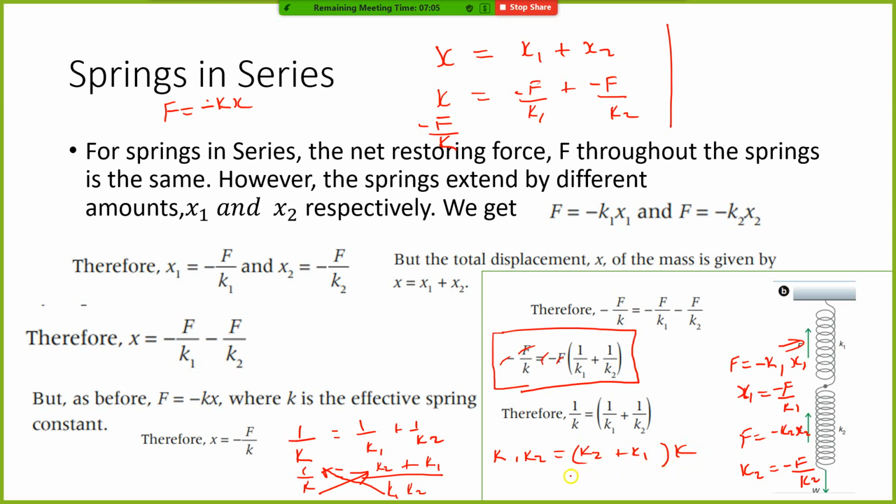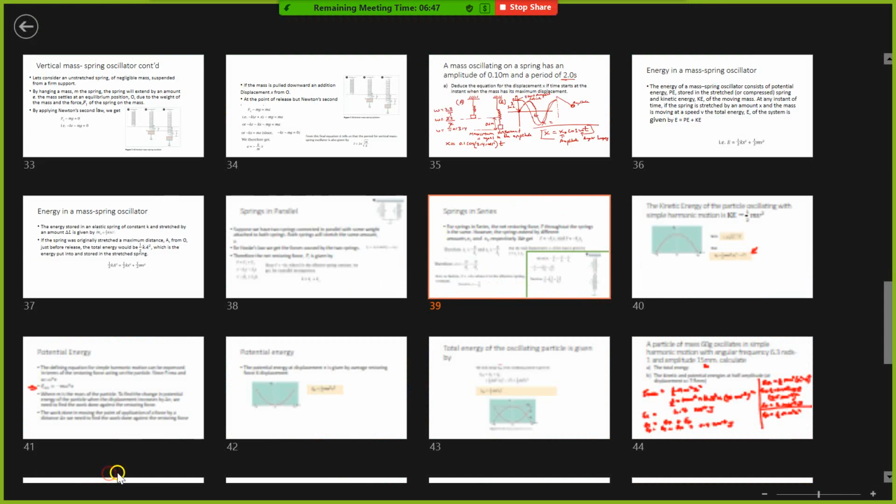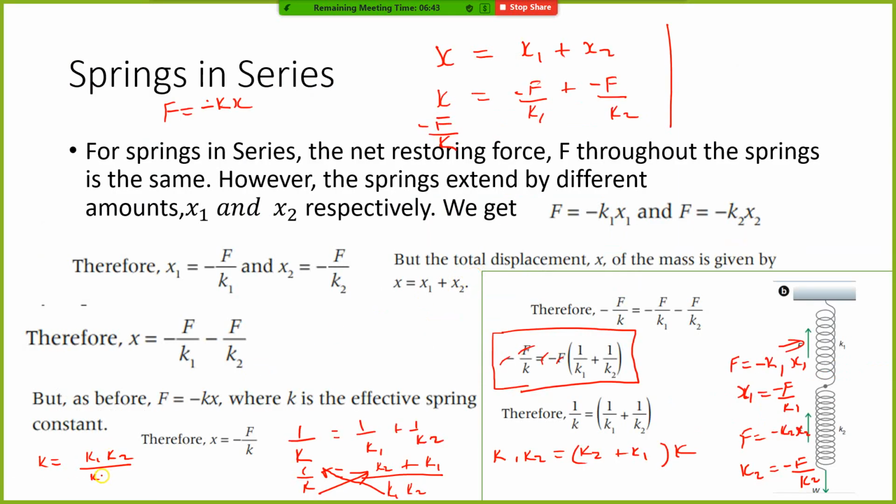So at the end of the day, we can see that K is really equal to the product of the spring constants divided by the sum of the spring constants. I know this is a whole lot, right? And a lot to probably remember, but at the end of the day, if we want to try to find K, that is essentially what we would have to do.